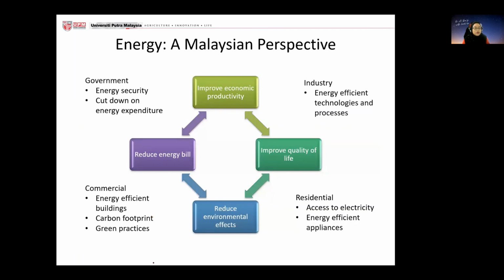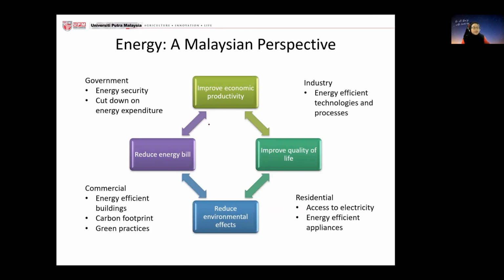Before we finish, just one last slide on energy from a Malaysian perspective. If we talk about energy in terms of producers and for us as customers, there are various stakeholders: the industry, people like us, the residents, people in the commercial sectors, and the government.